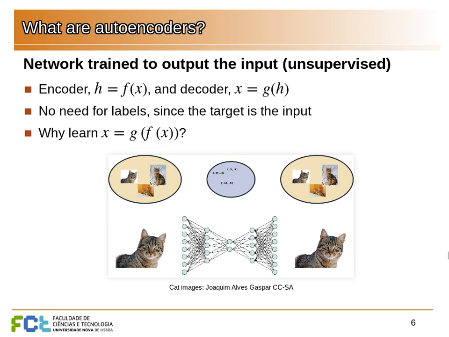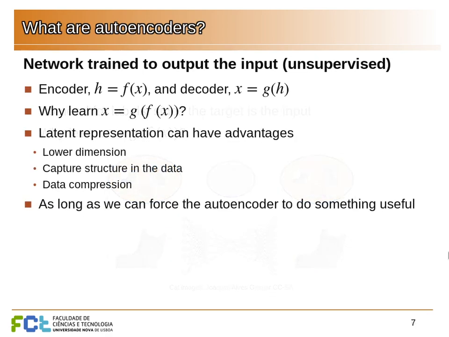One that can encode the data into this hidden representation, this F of X, and the other that can decode it back to the original representation. So we don't need any labels, we are using the input as the target, and we are learning these two functions.